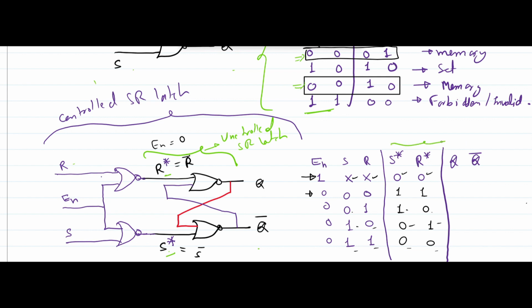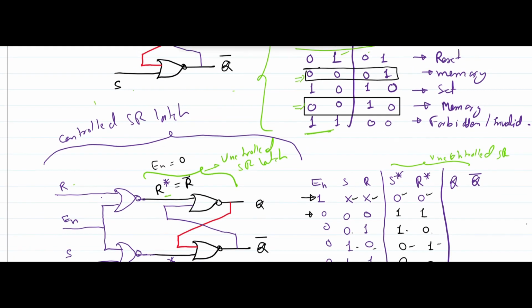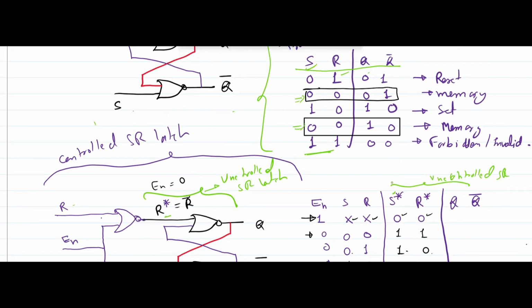This is your uncontrolled SR latch. I will use the table for the uncontrolled SR latch, which is here only. You can think of this S star as this S and this R star as this R. So 0 0 is the memory state, which means here it will be memory.